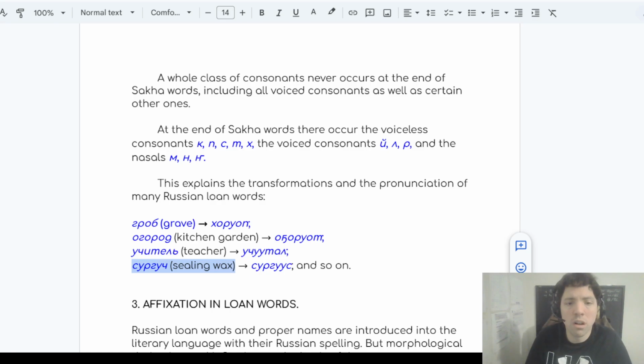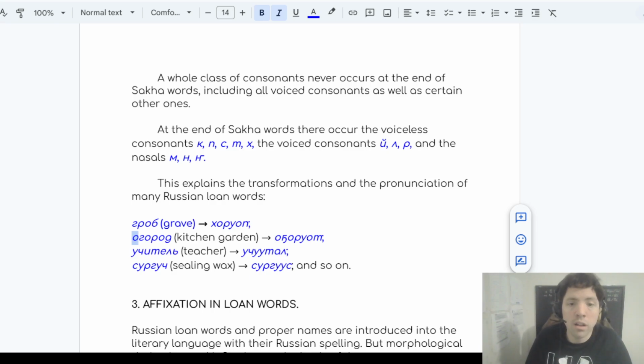I don't know if any of y'all watching this speak Russian, you will notice Sakha pronunciation, or at least spelling, is easier than Russian. In Russian, which syllable is stressed can vary from word to word. If the O is stressed, it's O. If it's not stressed, it's different.